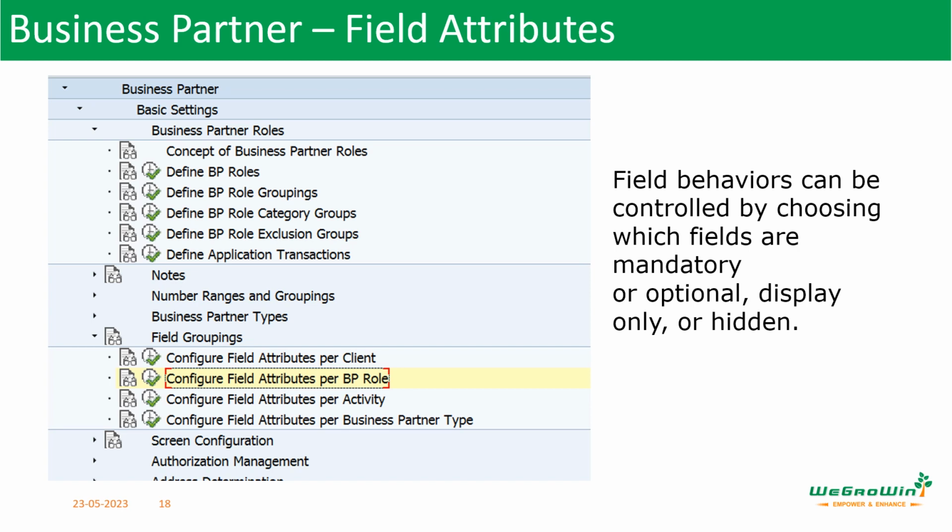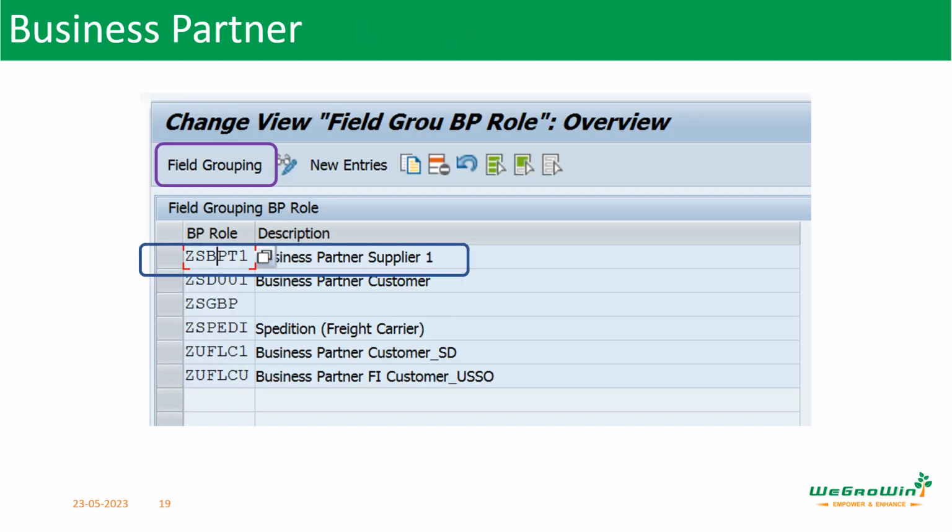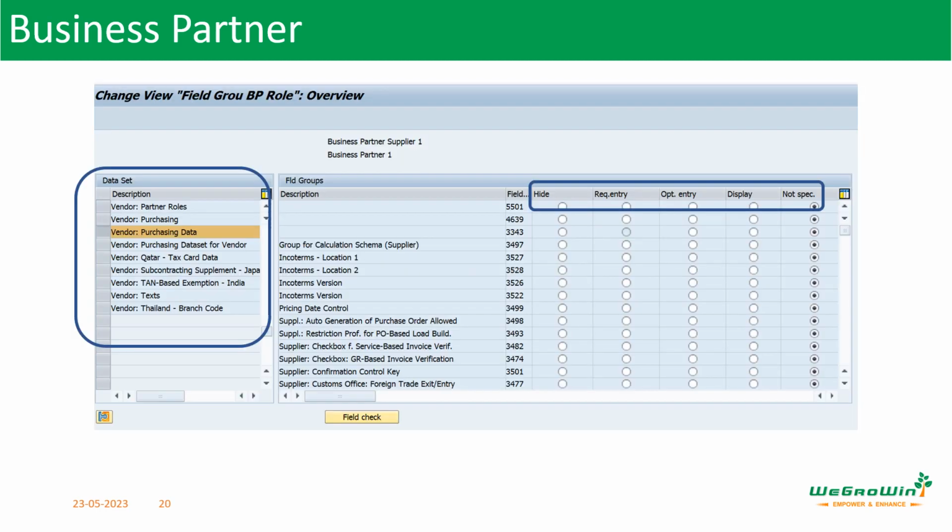Next, the business partner field attributes have to be defined as whether they are mandatory or optional, display or hidden. To control the field attributes, the menu path is shown here. So here you select the business partner role and then click field grouping. Here we see a large number of data sets, like vendor partner role, vendor purchasing, like this.